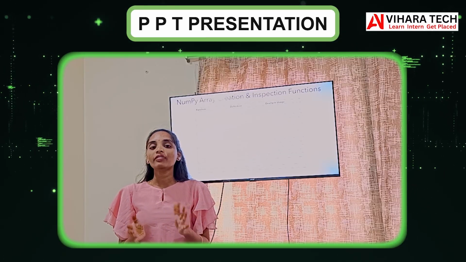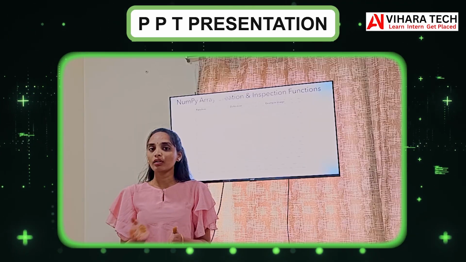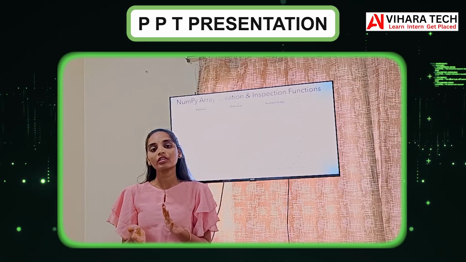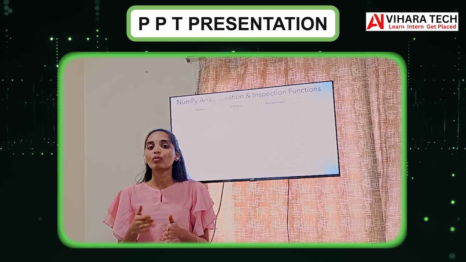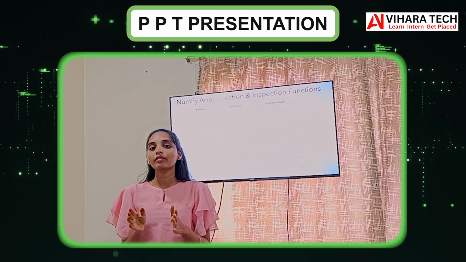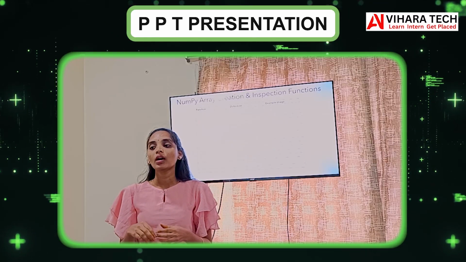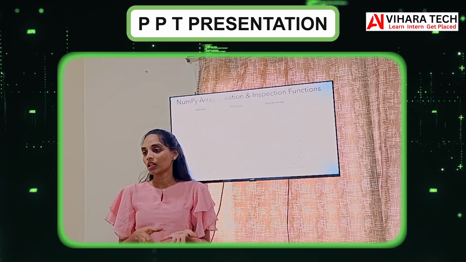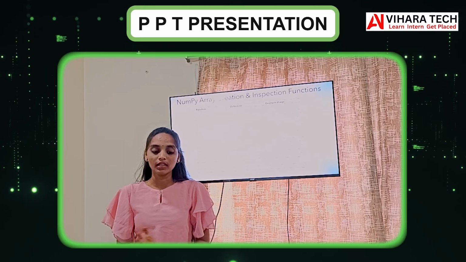And the full function: the zeros function will print zero, the ones function will print one. But if you want to represent some other values, using the full function you can represent matrices with 2, 3, any digit.